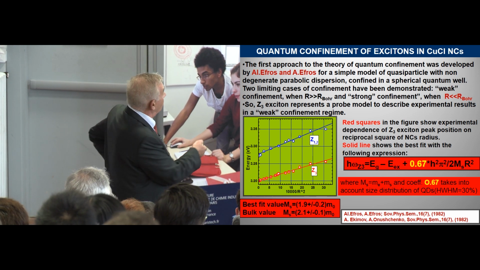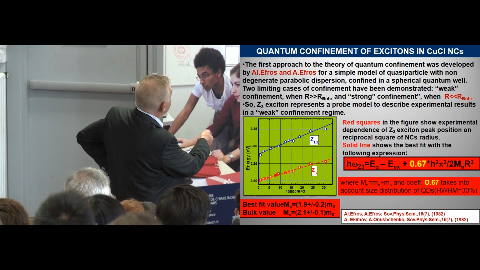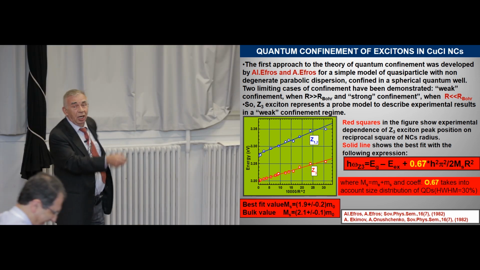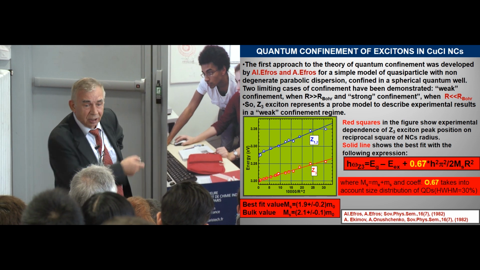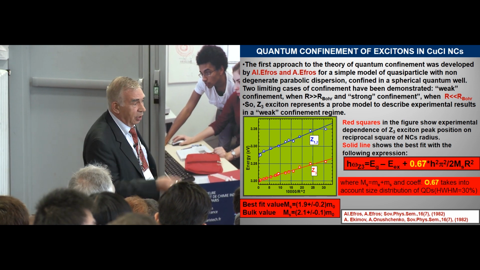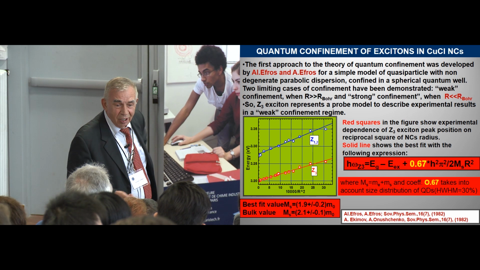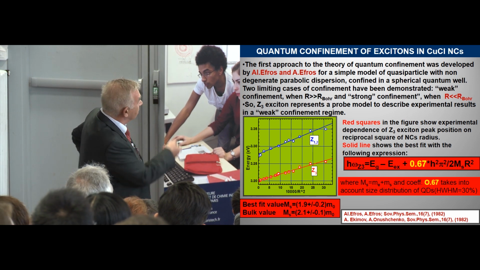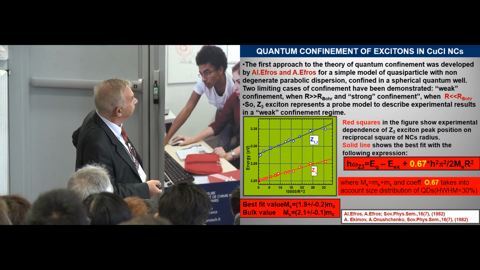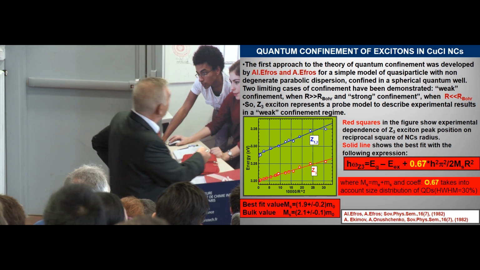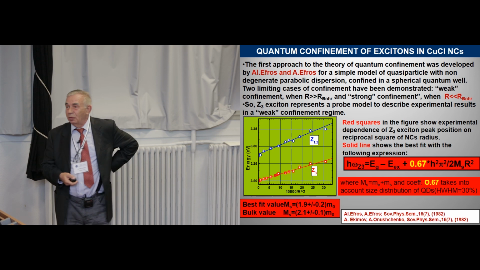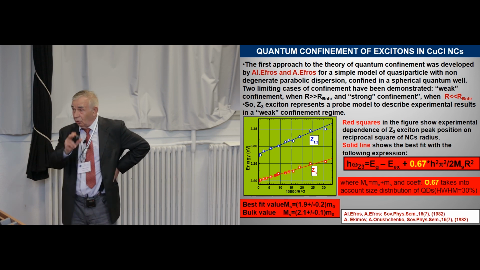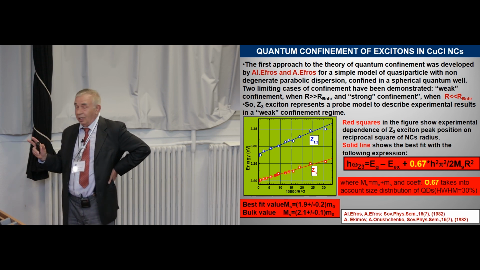And what we got, this red line, its points are the experimental dependence of the spectral position on the reciprocal size. So we see the dream, that it is linear, and the slope of this curve gives the value of the effective mass, 1.9 plus minus 0.2, because it's only one parameter to fit.